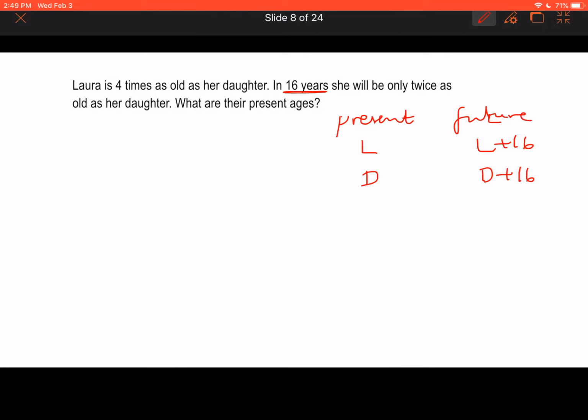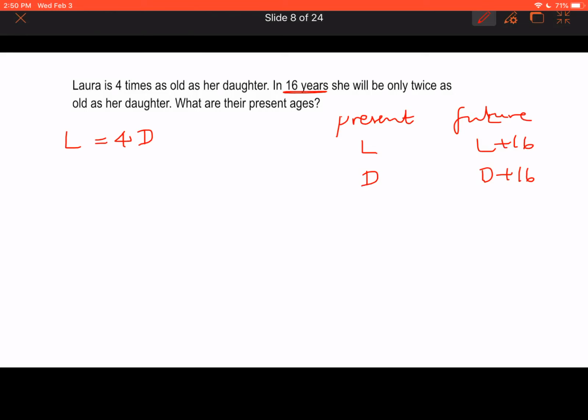The relationship they have given is Lara is 4 times, means 4 multiplied, as old as her daughter, whose age is D. So it is 4 times as old as her daughter, and it can be represented as an equation like this: L equals 4D.